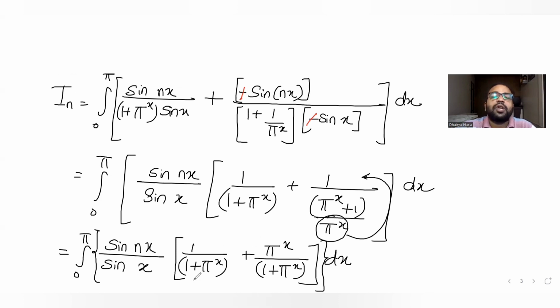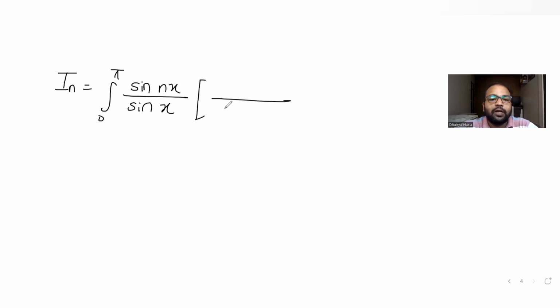If I solve this, I get In equal to integral of 0 to pi of sin nx upon sin x. I have the same denominator, so I write that denominator, 1 plus pi raised to x, only once.